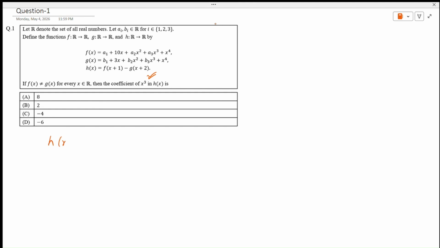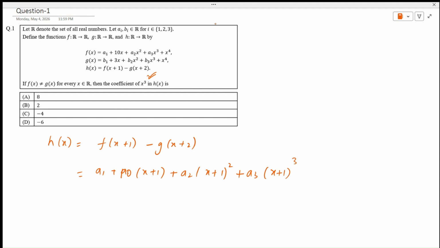h of x is nothing but f of x plus 1 minus g of x plus 2. f of x plus 1 is a1 plus 10 of x plus 1 plus a2 of x plus 1 whole square plus a3 of x plus 1 whole cube plus x plus 1 whole power 4. We are focusing only on the x cube coefficient, so we will not get any x cube in the first two terms.